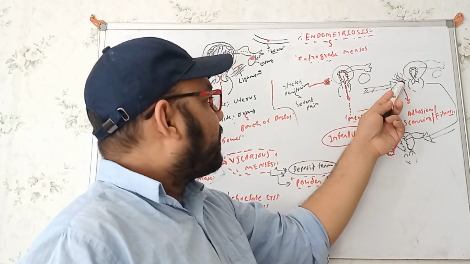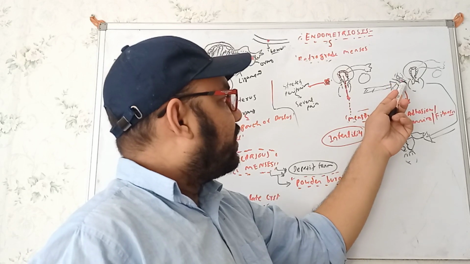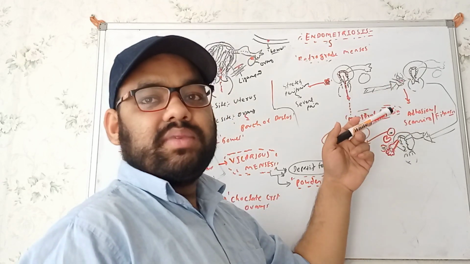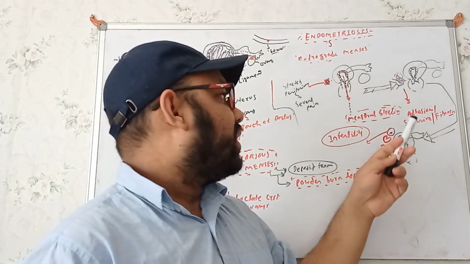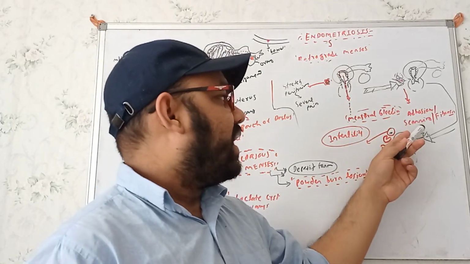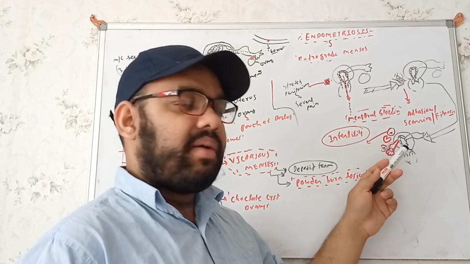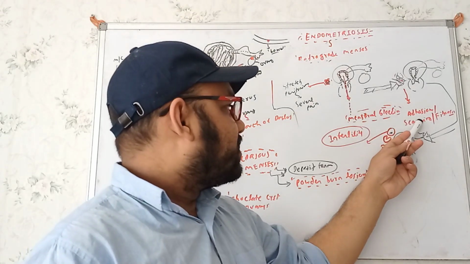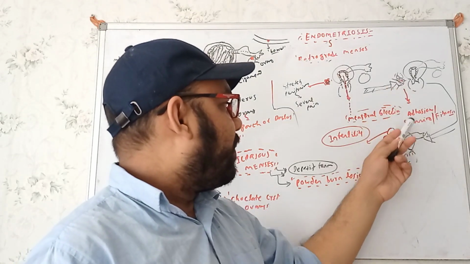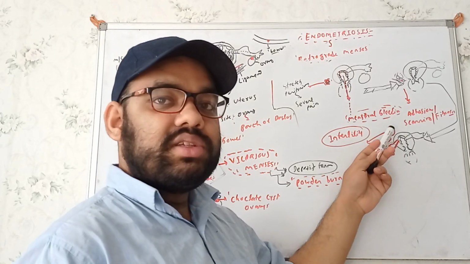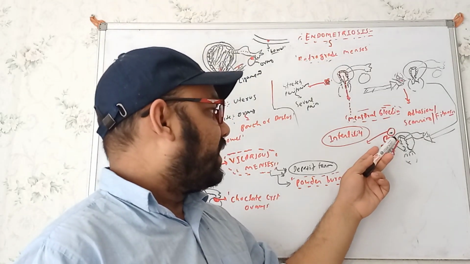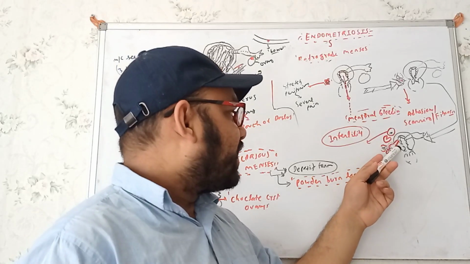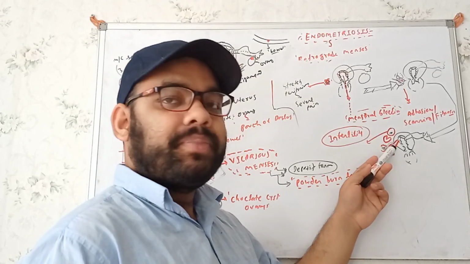Okay, so whenever the accumulated blood is there, our defense system will be activated. Different kinds of antibodies and WBC cells will come over here. Ultimately, we will see the adhesions, the scarring formations, or the fibrosis. And by the adhesive nature of these particular regions, they will be able to adhere the fallopian tube, the whole structure of the fallopian tube downwards. Now, whenever the fallopian tube is taken downward, there will be no attachment of the ovary with the fallopian tube.